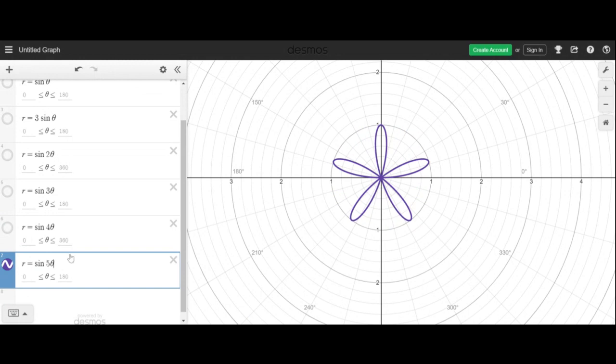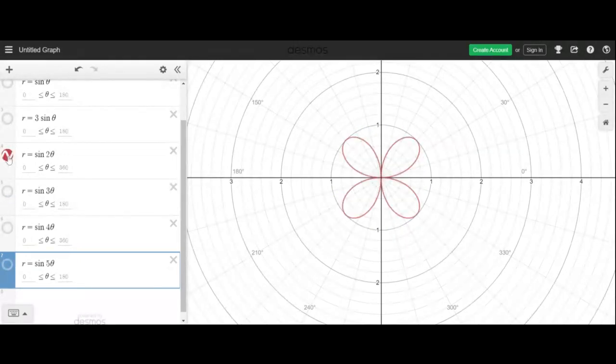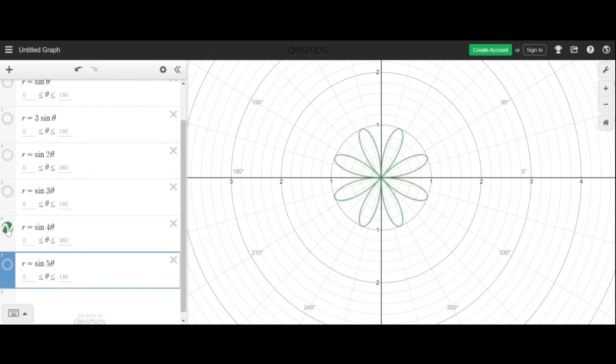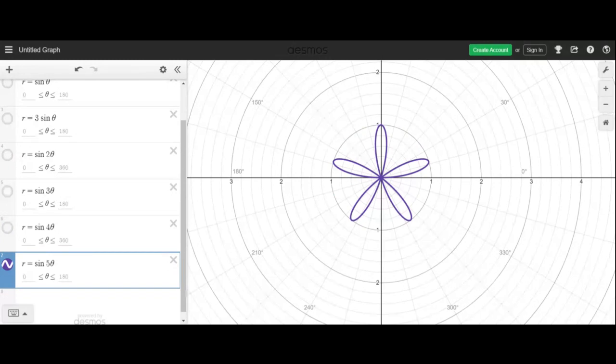So what pattern are we seeing? You start back there at 2 theta, 3 theta, 4 theta, 5 theta. What do you see happening?